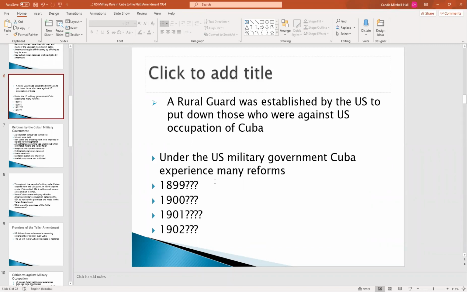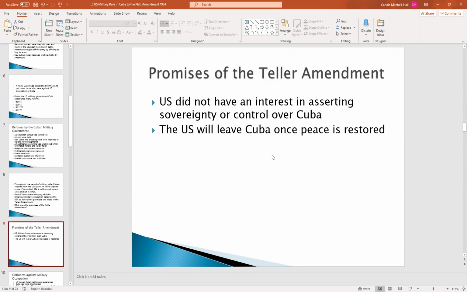Was it a lie? Because 1899, you had no war, peace was in Cuba. 1900, peace in Cuba. 1901, peace in Cuba. 1902, peace in Cuba. And they said that once there is peace, they are going to leave, and they are still in Cuba.